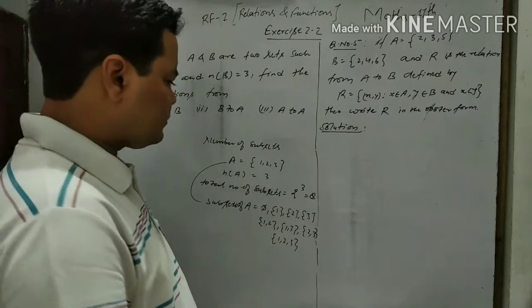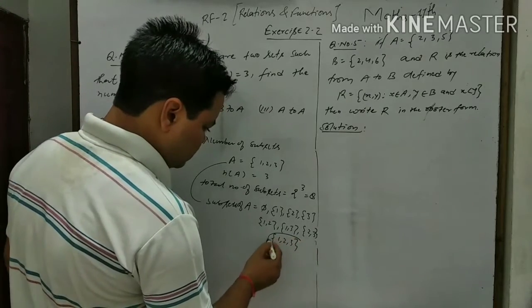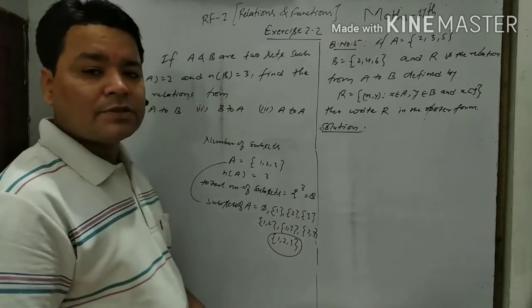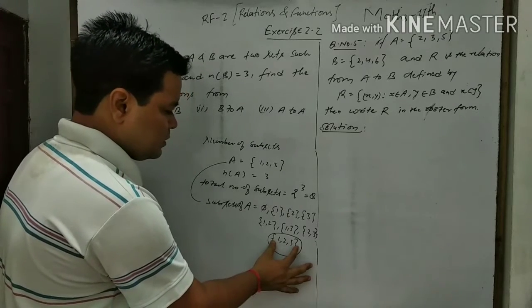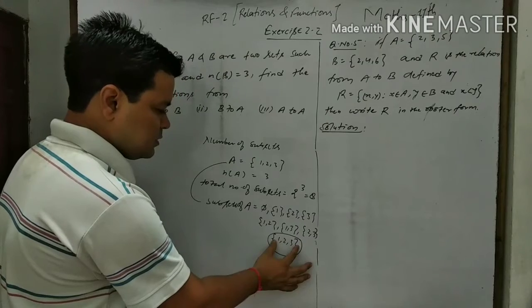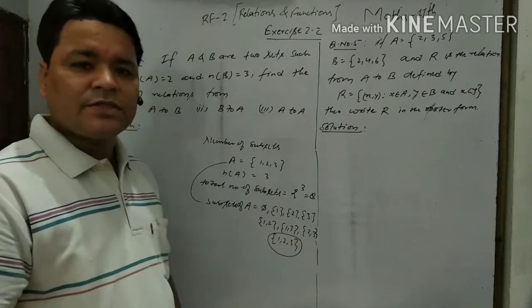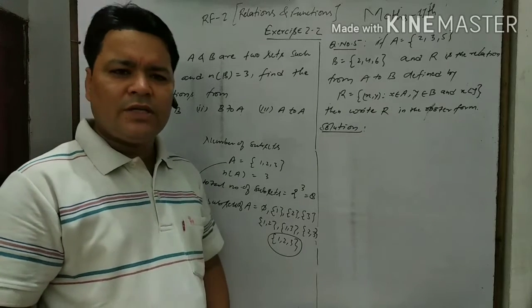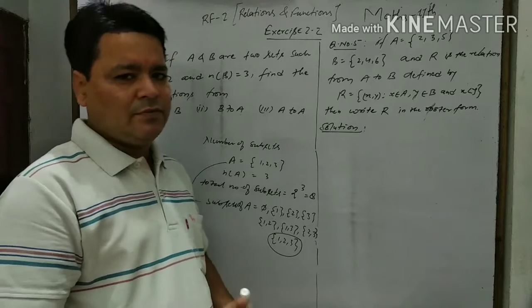Here, the last one is called the improper subset, which is the set itself, or we can say the set is a subset of itself.